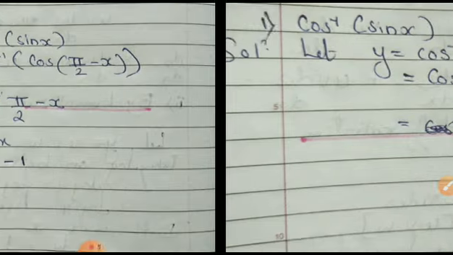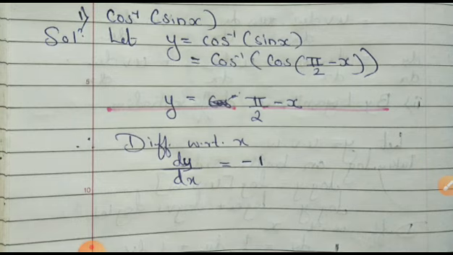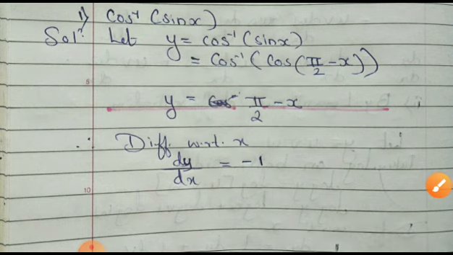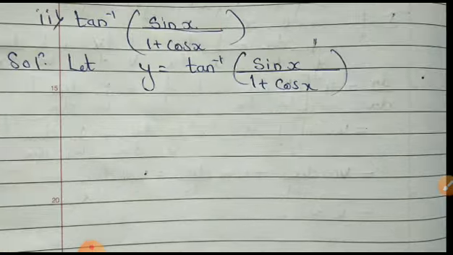So y is pi by 2 minus x. Now differentiate it with respect to x. Derivative of pi by 2 is 0 and derivative of minus x is equal to minus 1. So that is the required answer.